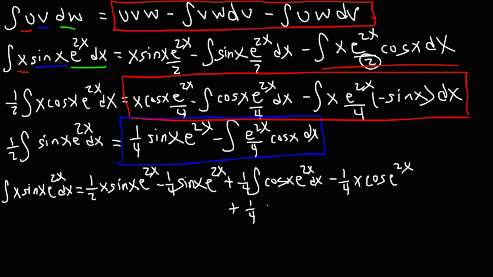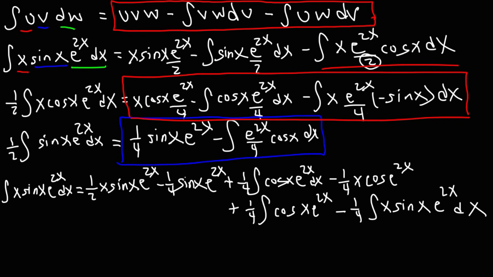So positive 1/4 integral cosine x e to the 2x. And then we have minus, minus, minus. 3 negatives, that's a negative. So minus, let's move the 4 to the front. 1/4 the integral of x sine x e to the 2x dx.